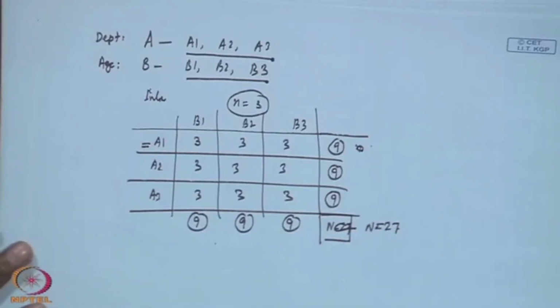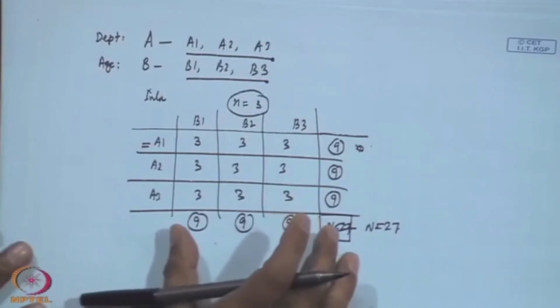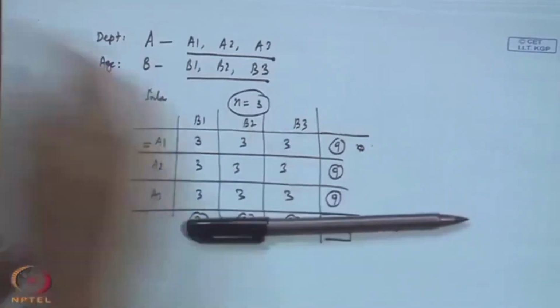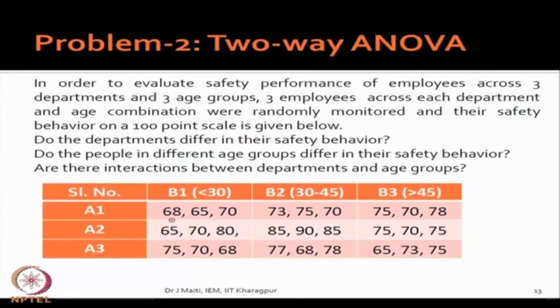This is the data as far as the number of observations is concerned, and you see the different values.